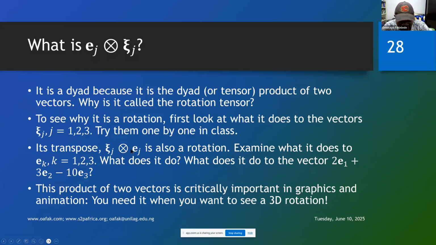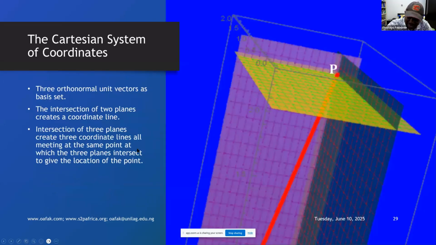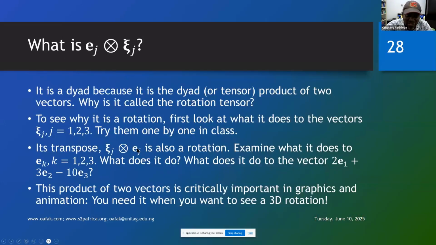Go and show me those answers in the chat room. If you fail the first one, don't fail this one. Operate this quantity, the one in the third point, on E1, on E2, and on E3 respectively, and tell me what you get. You can use Z instead of Xi to make it easier to type.